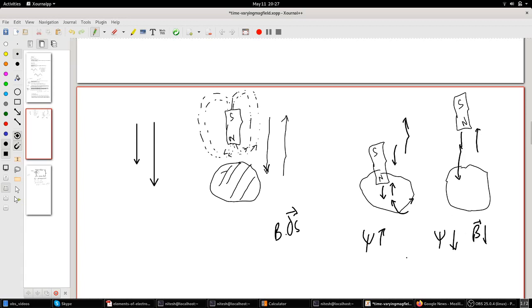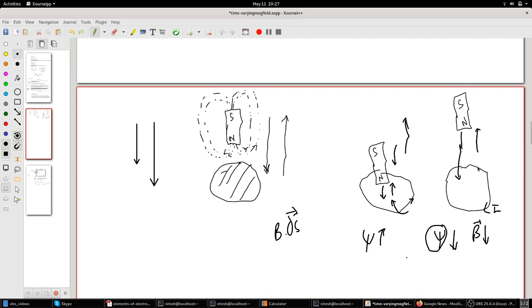So the B value decreases, so B dot ds, which is your flux, psi, is also decreasing. Since my B is decreasing, it's the change which is being opposed. So I'll induce the current in the direction which is this.